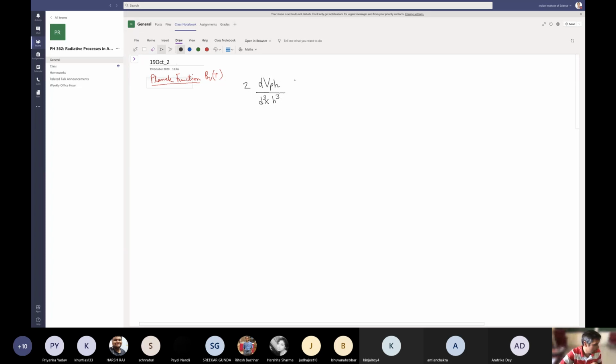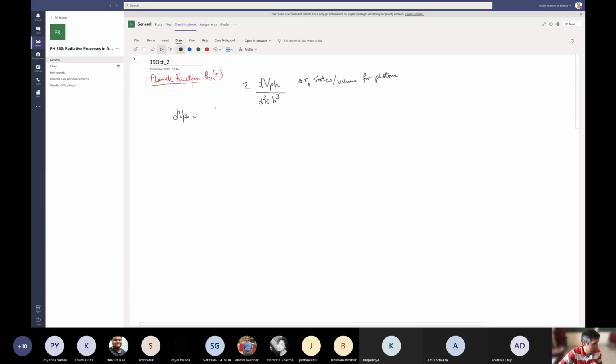This is the number of states per unit volume for photons. So dVph is the phase space volume, d3x is the spatial volume, and h cube is the elementary volume in phase space.